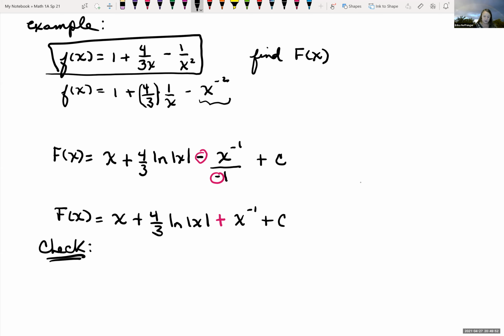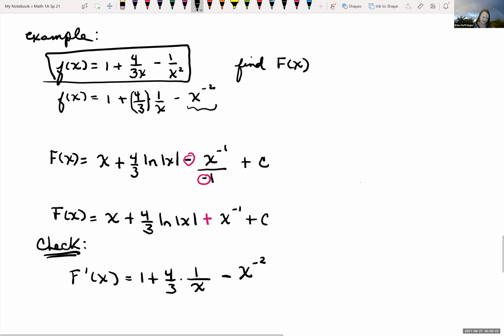And so I'm going to take the derivative of x, which I know is 1, plus 4/3. Derivative of the natural log of x is 1 over what we're taking the natural log of, which is x. Taking the derivative of x to the -1, I have to bring my exponent down front, negative x, subtract 1 from my exponent, -2, and the derivative of the constant is 0.